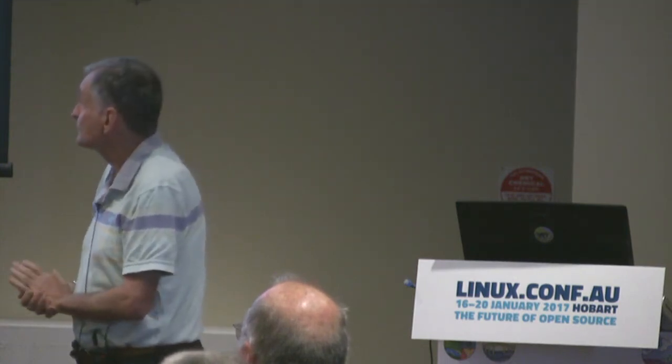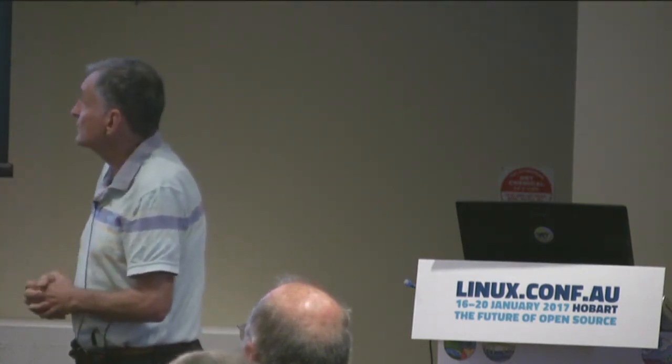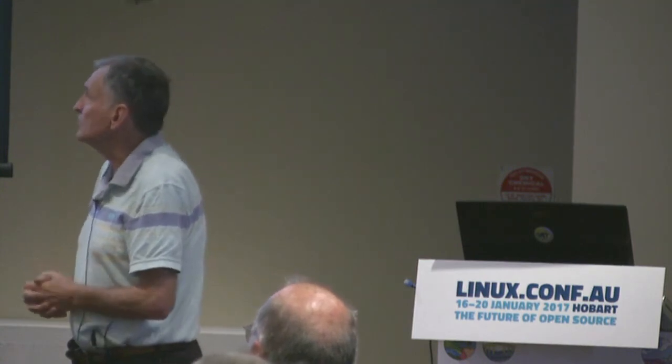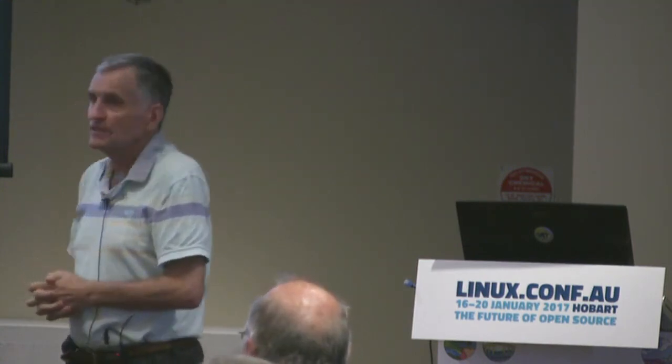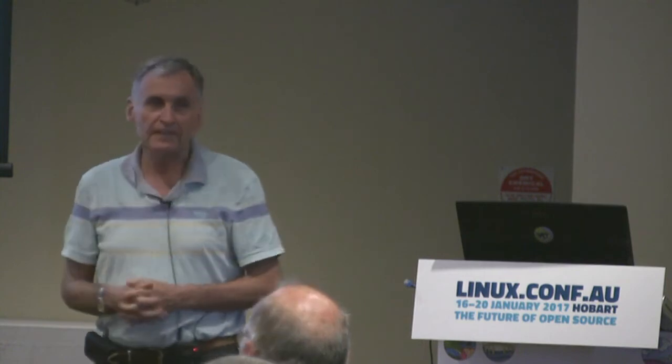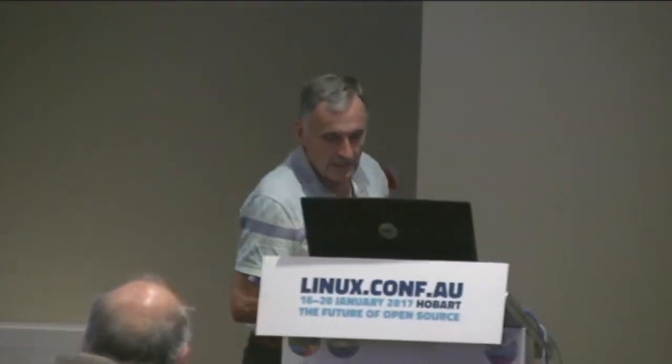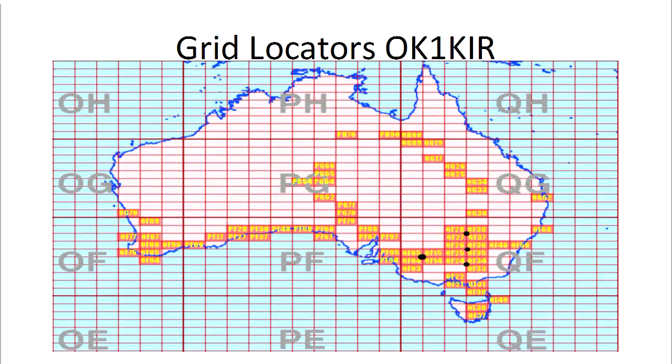And these are the sort of dishes that, you know, you can run from home on a balcony. And now, by going portable, I travel around Australia, and this is one station in Europe who's very keen.